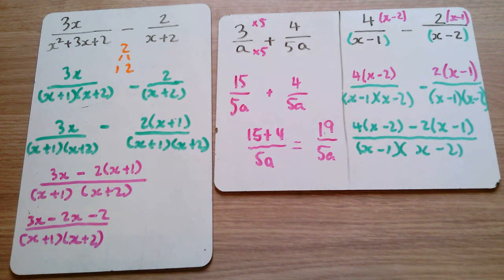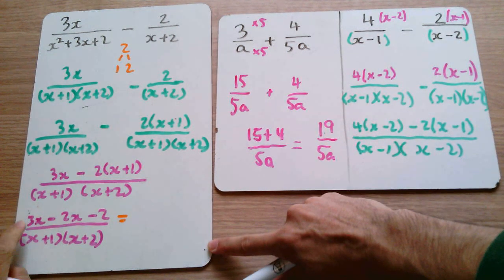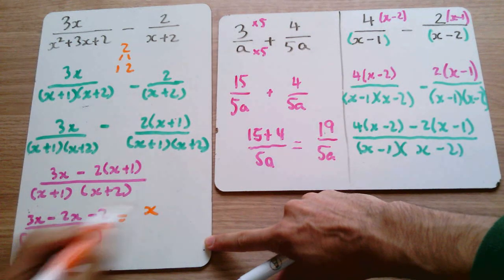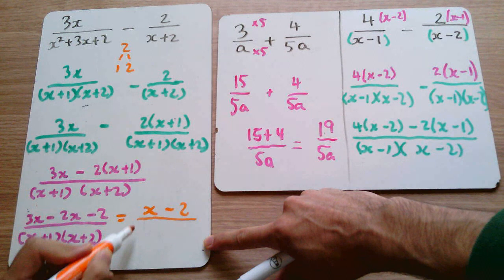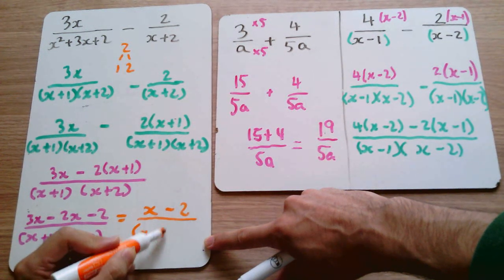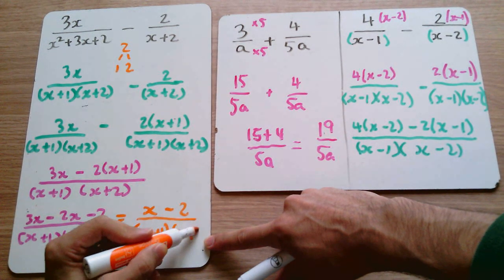And to finish that up, we just need to tidy up the top. 3x minus 2x is x. We've just got this minus 2, all divided by x plus 1 times x plus 2.